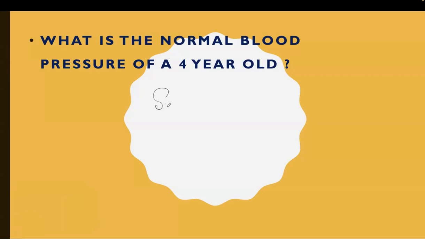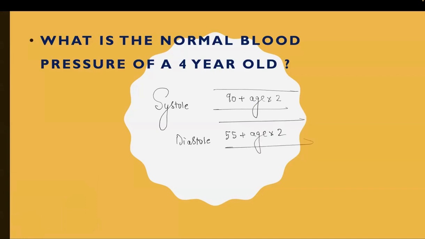We have the formula for systole and for diastole. Remember, 90 plus age into 2 is the formula to calculate the expected systolic blood pressure of a 4-year-old baby. And 55 plus age into 2 is the formula to calculate the expected diastolic blood pressure.